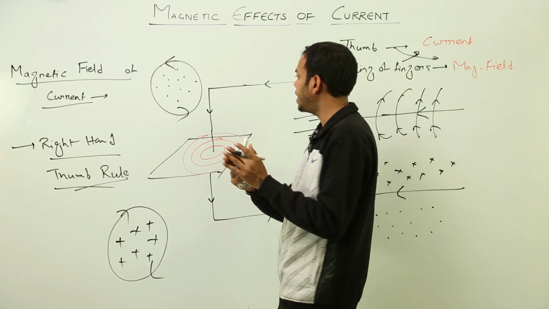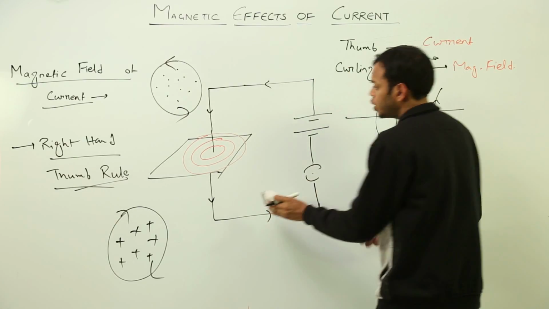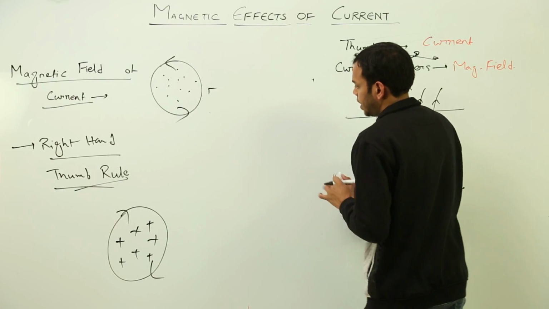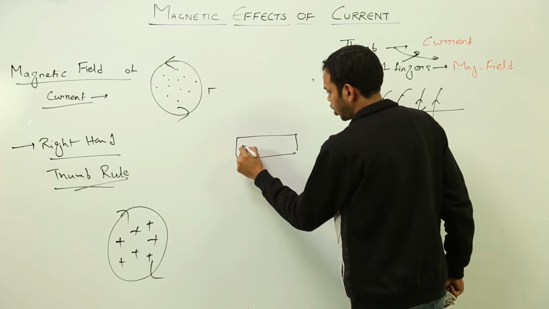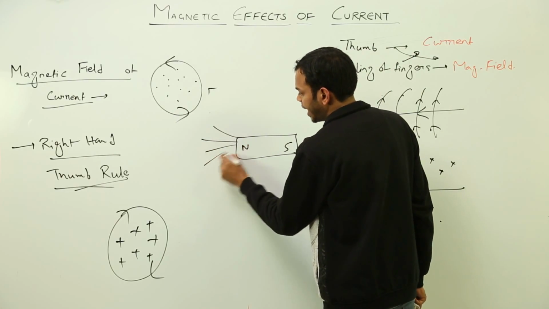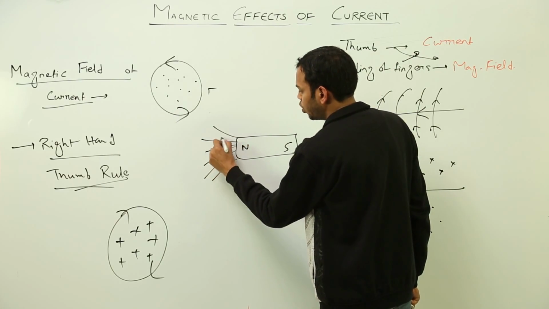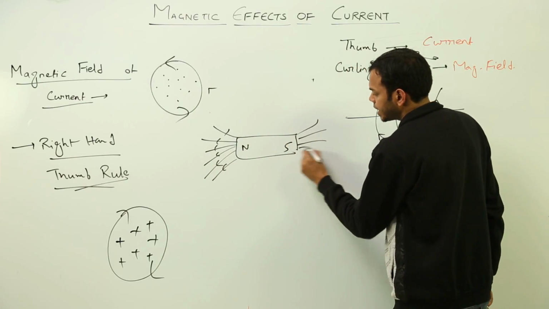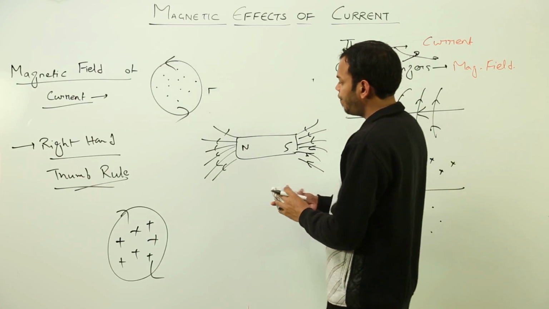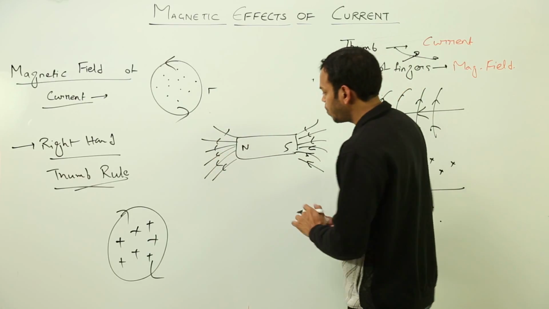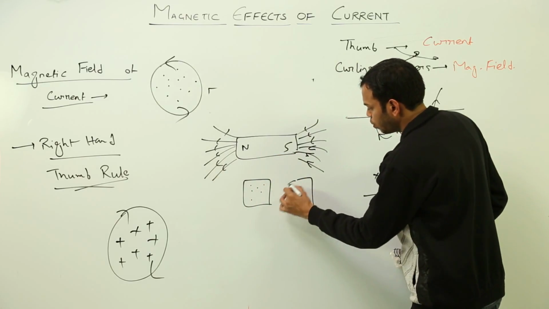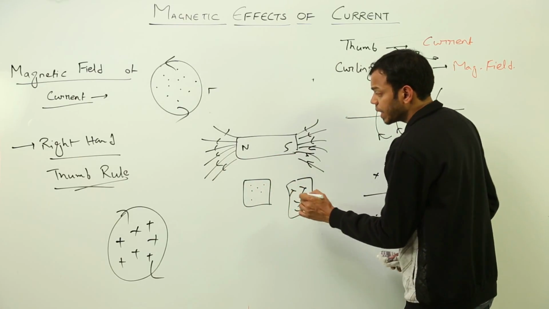Now the same thing happens in the case of a bar magnet. Suppose I place a bar magnet here. This is my bar magnet, North Pole and South Pole. Magnetic lines of force are emerging out of the North Pole and they are entering the South Pole, right? This is how it is going. So if you just see the front side of the North Pole, lines are coming out, and the back side of the South Pole will be something like this.